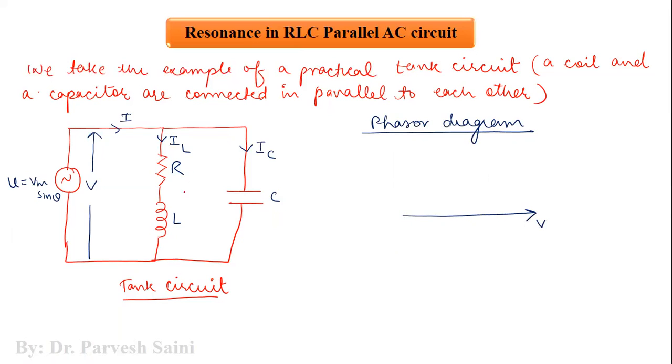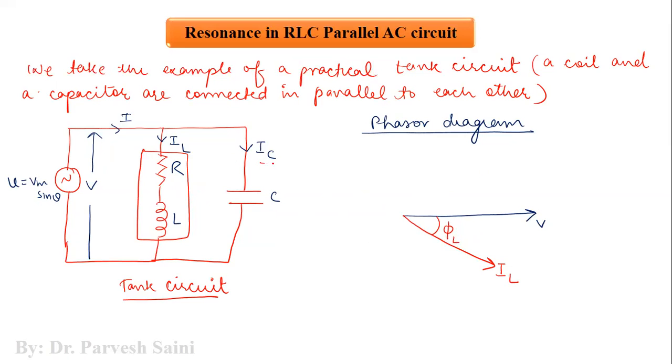Now V is the reference phasor, and we know that the voltage across this coil or solenoid is V and the current is IL. Because this is an inductive circuit and not a pure inductive circuit, the current IL will lag the voltage by some angle phi, and let us say it is L, for example. L is to indicate that it is for the inductive circuit.